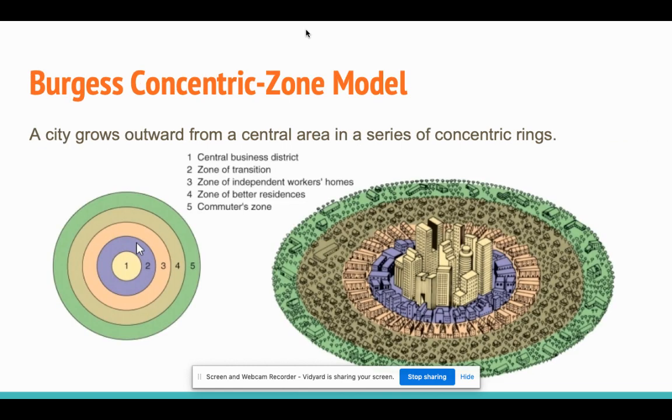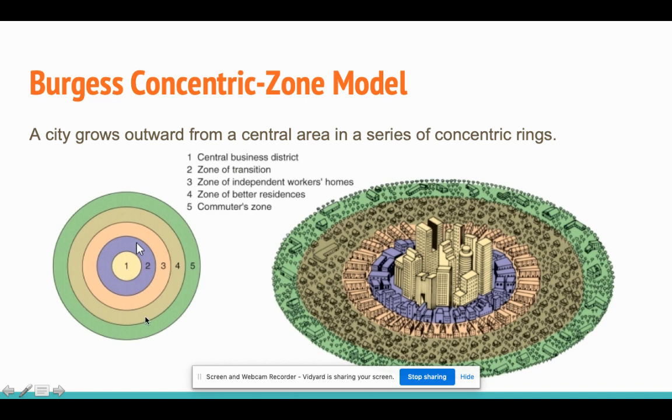All right, so to start off with, I think this one is the easiest to understand. This is entitled the concentric zone model, and it was created by a geographer named Burgess. Mr. Burgess modeled the concentric zone model after urban Chicago. And one of the key features that makes it easy to understand is this series of rings, what's called concentric rings.